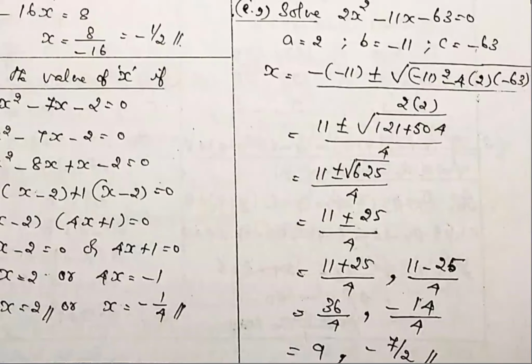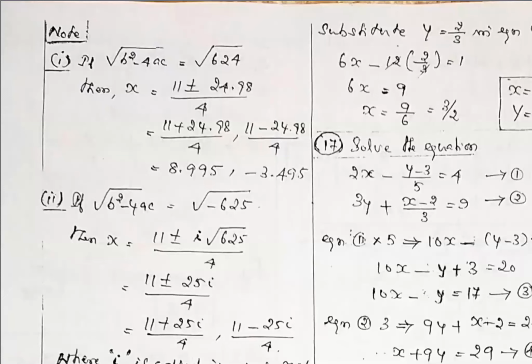Suppose, note 2, inside the root minus 625 is coming. Inside the root, if minus is coming, how to take the minus out? You put i, small i, that is the imaginary root. i square is equal to minus 1, normally people are telling. So if you want to take the minus sign out, you simply put i.